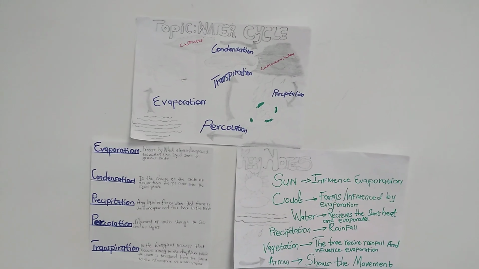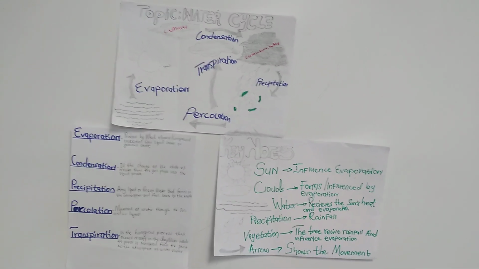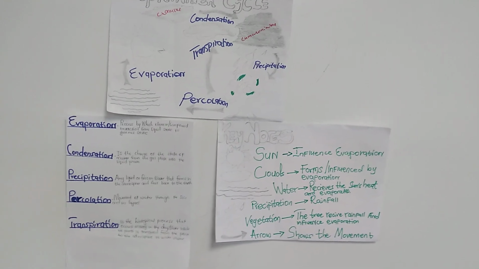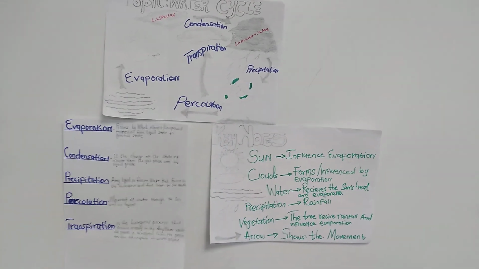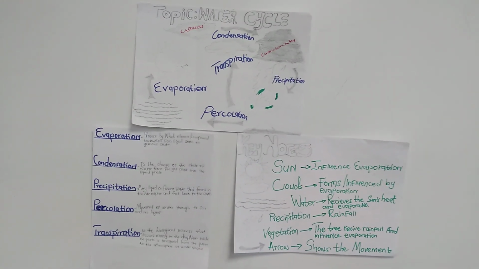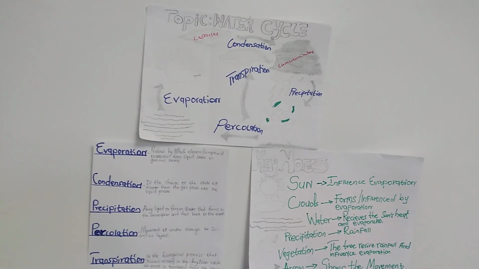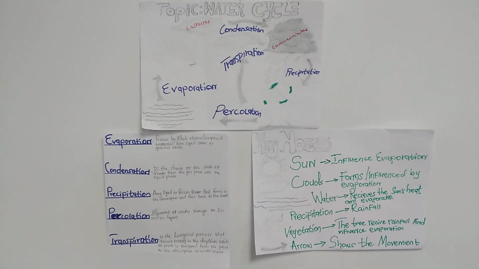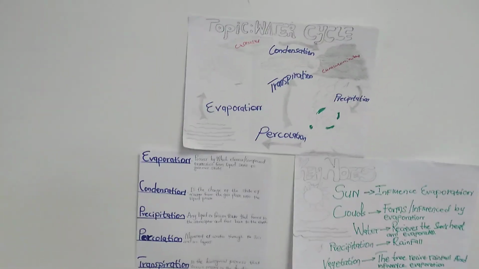Then we've got the water, which is when, after rainfall has taken place, the waterfall will begin to take place. Then we've got the vegetation. The tree receives rainfall and influences evaporation as well. The arrow shows us the movement. It demonstrates the movement. So now let's look at the water cycle.